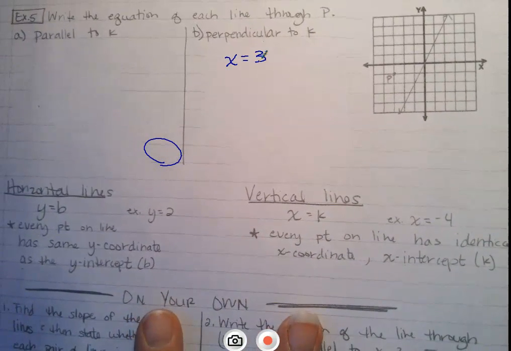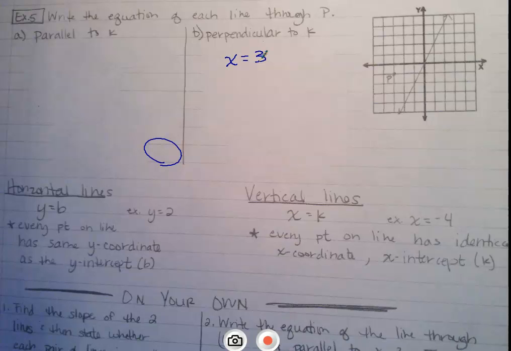Anywhere that x is 3, so x is 3 here, and x is 3 here, and x is 3 here, it's a vertical line. Or y equals 2. Anywhere that my y value is 2, like my y-intercept, anywhere along here is y equals 2. So we get a horizontal line.